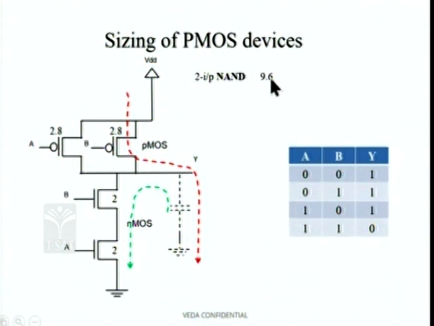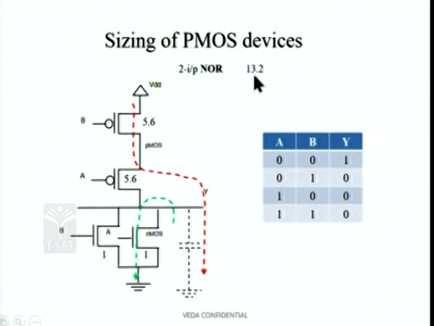Obviously, the area of a NOR gate is greater than the area of a NAND gate, and because NOR or NAND, any of them can be used to implement any logic function, then the VLSI circuits prefer the usage of a NAND gate compared to a NOR gate, because the size of a NOR gate is greater than the size of a NAND gate. Okay, I will go ahead one more slide.